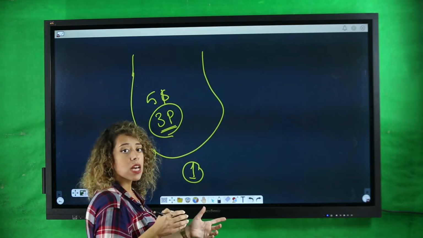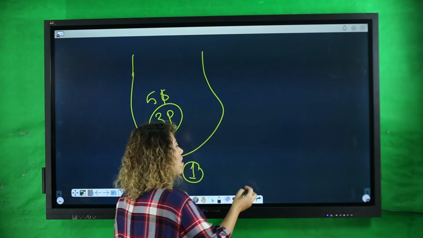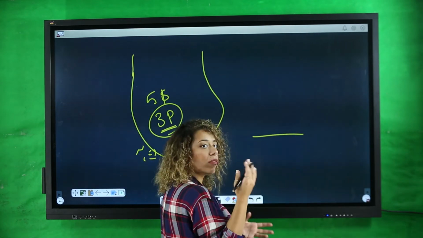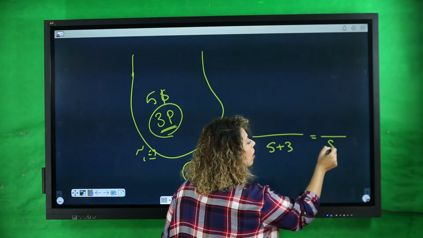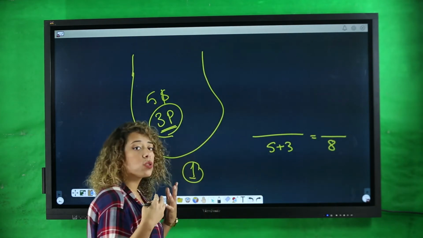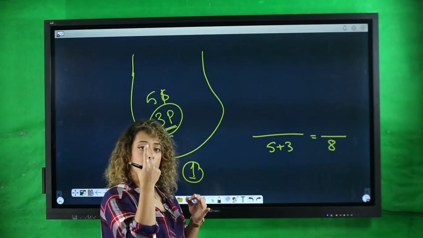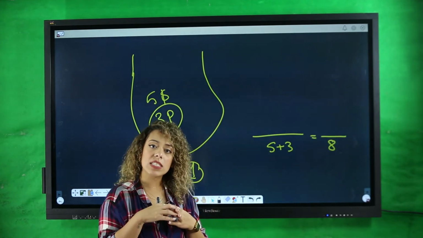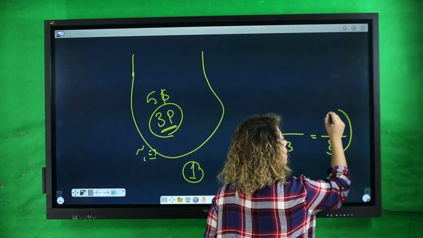From how much is there? How many do I have overall? I have 8 overall, $5 plus 3 pounds. How many pounds do I have? I have 3 pounds. I'm going to pick 1, but still I have 3 chances that I can take them. So it's 3 over 8.